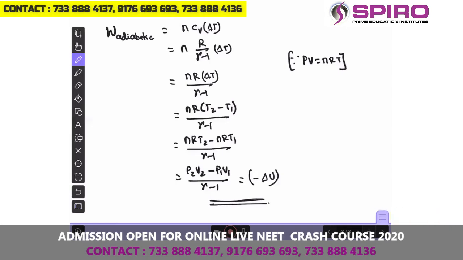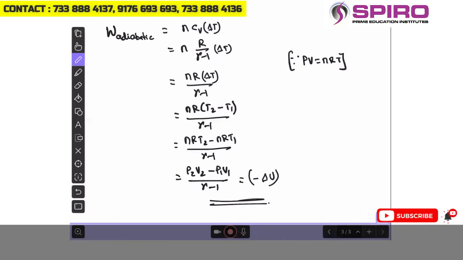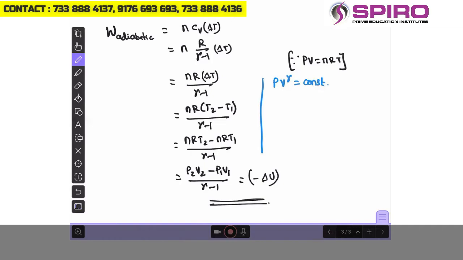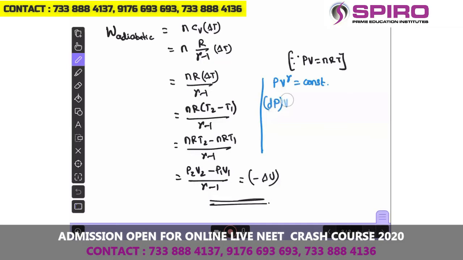And one more conclusion can be made regarding the adiabatic process. Take the adiabatic equation PV power gamma equal to constant, and by differentiating this equation you will get dP into V power gamma plus P into gamma into V to the power of gamma minus 1 into dV equal to 0.